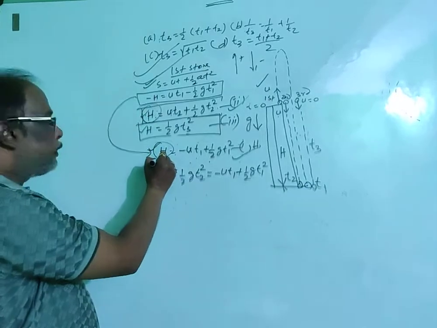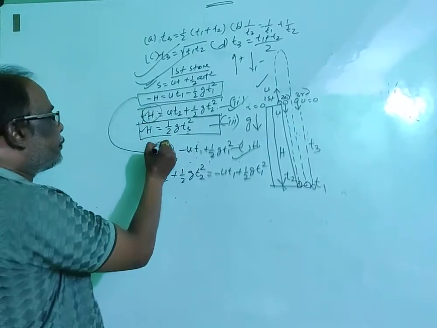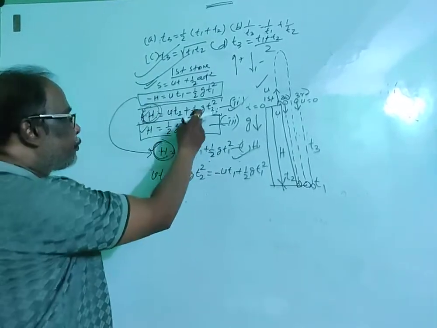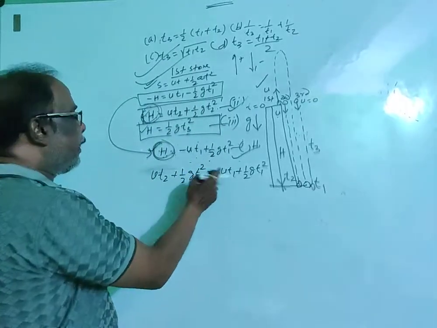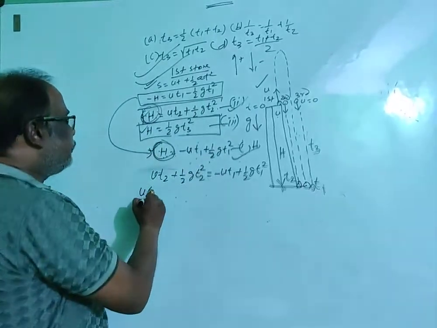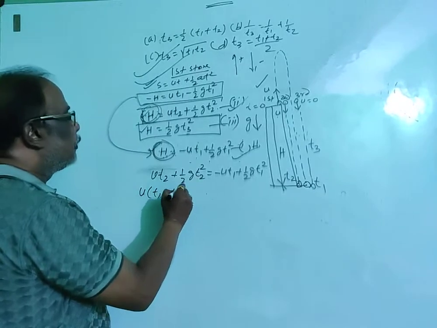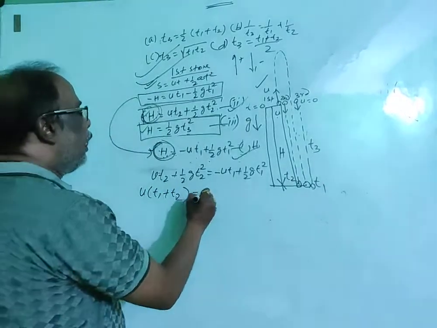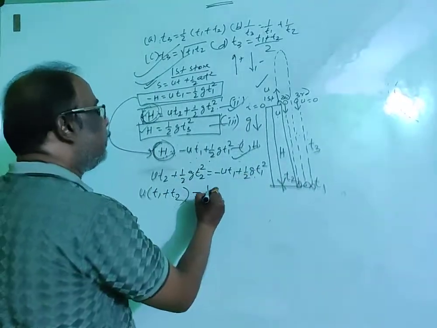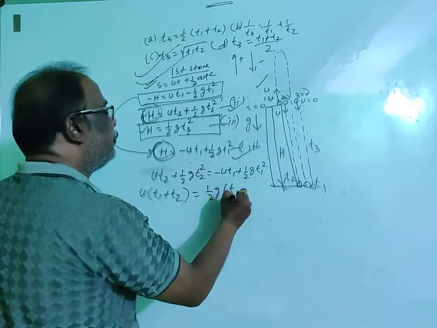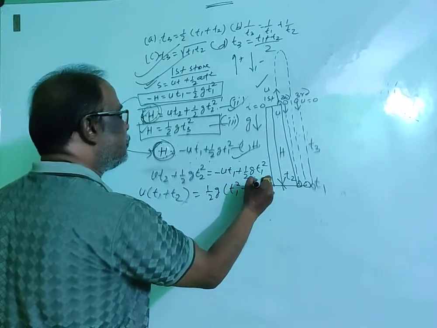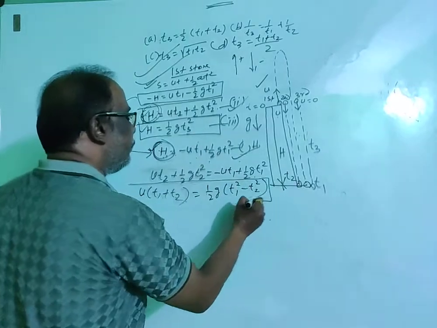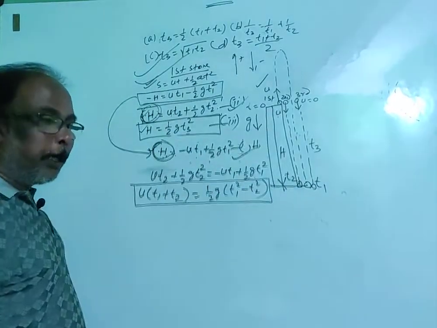Equate these two equations. h is equal to h. So equate the right side. Now bring it to the left side: u into t1 plus t2, and bring the rest to the right side: half g into t1 square minus t2 square. From equations 1 and 2, you got this.